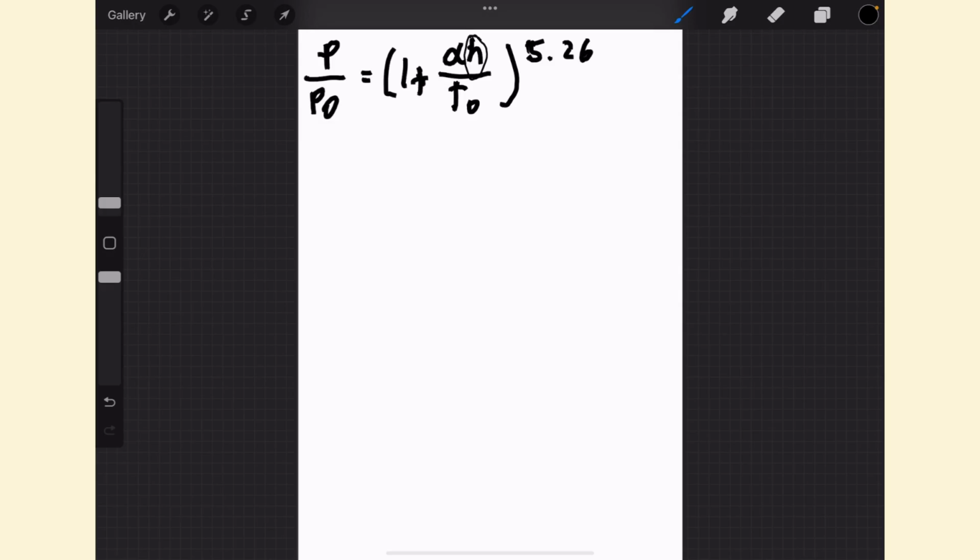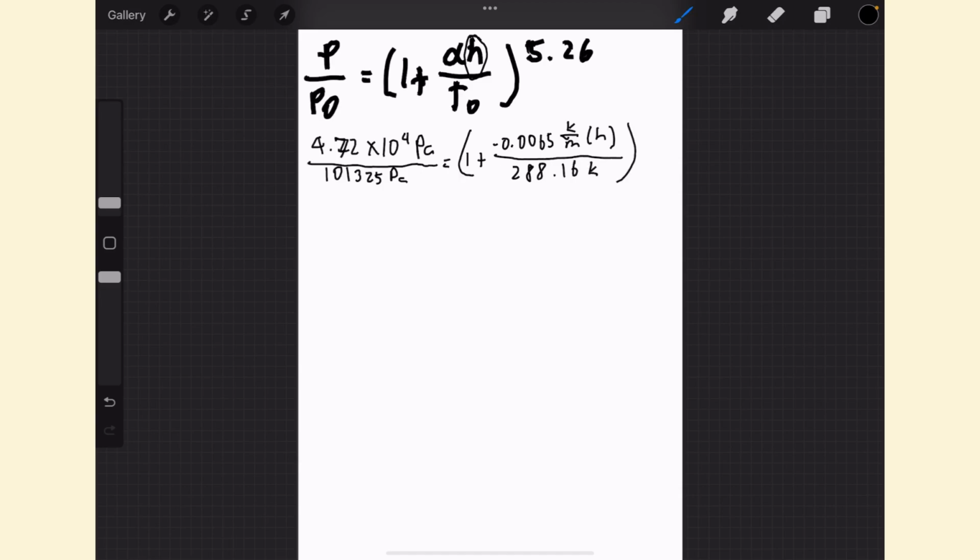Okay? So, basic substitution lang tayo. Ang ating P ay 4.72 times 10 raised to 4 Pascal, which is given, over pressure natin at sea level na constant na 101,325 Pascal is equal to 1 plus yung lapse rate natin na 0.0065 Kelvin over meter, tapos yung altitude all over yung temperature natin at sea level, which is 288.16 Kelvin, all i-raise natin sa 5.26.